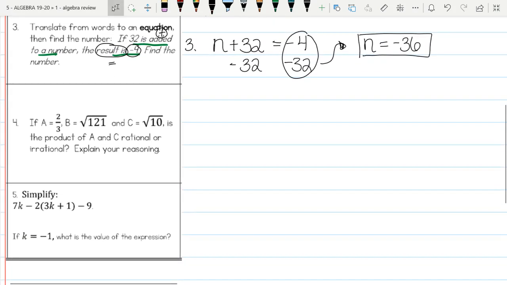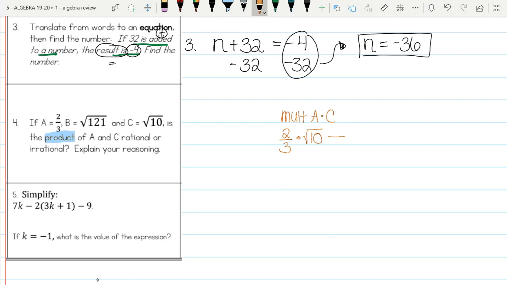Two more. So this actually, guys, is something that you covered last year, and I think I told you to skip number 4. So we will, because we'll pick this up at the end of the year. But product, guys, just so that you can remember, product means multiply. So they want me to multiply A and C. So A is 2/3, and C is the square root of 10.